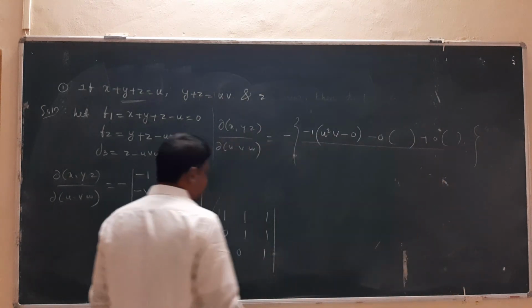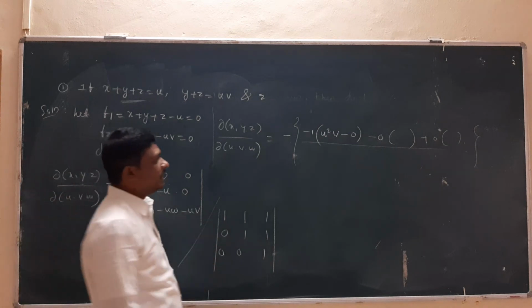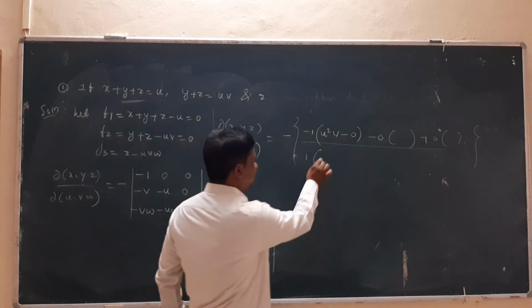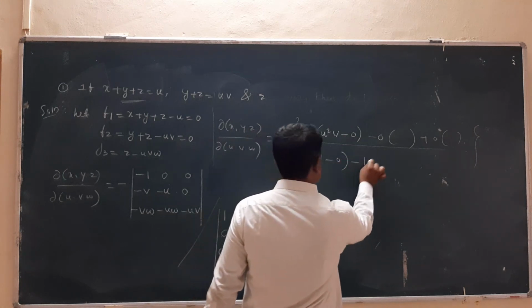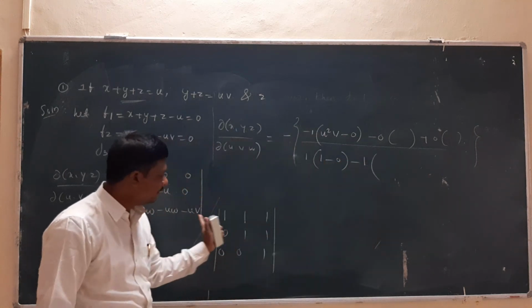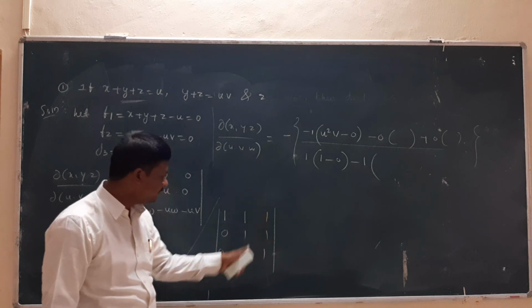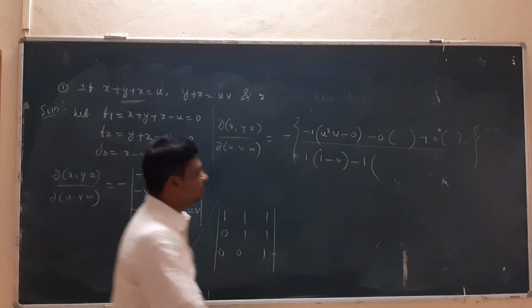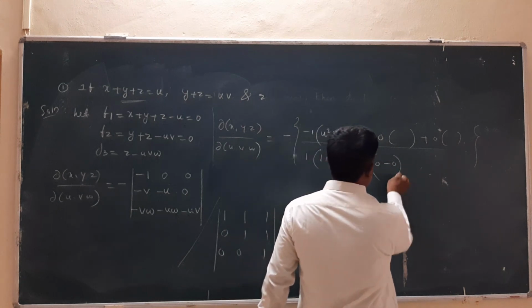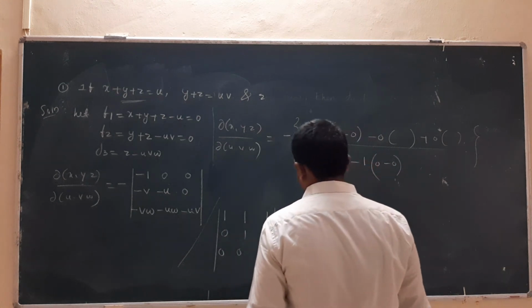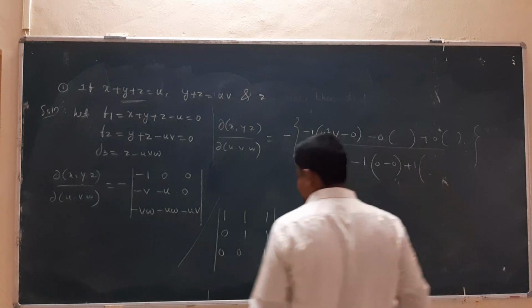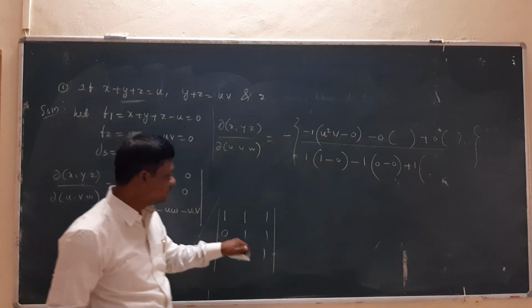So I go for the denominator. 1 into 1 is 1, minus 0, minus 1 into, so I will read first row, middle column, 0 into 1 is 0 and 0 into 1 is 0, that is 0 minus 0, plus 1 into, again this is 0.